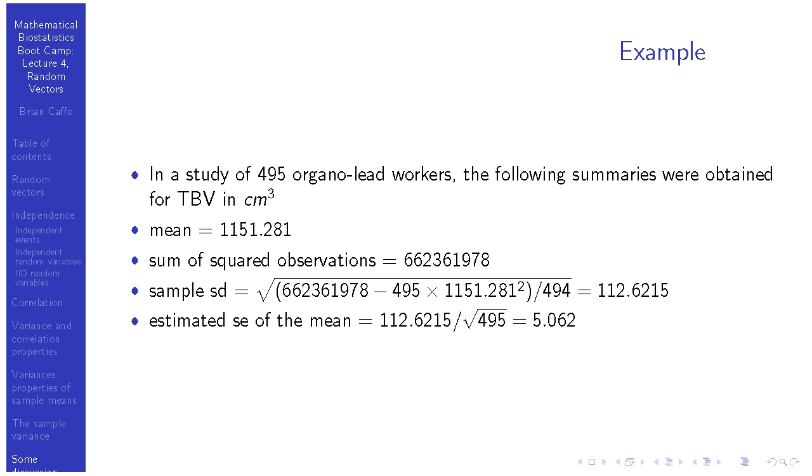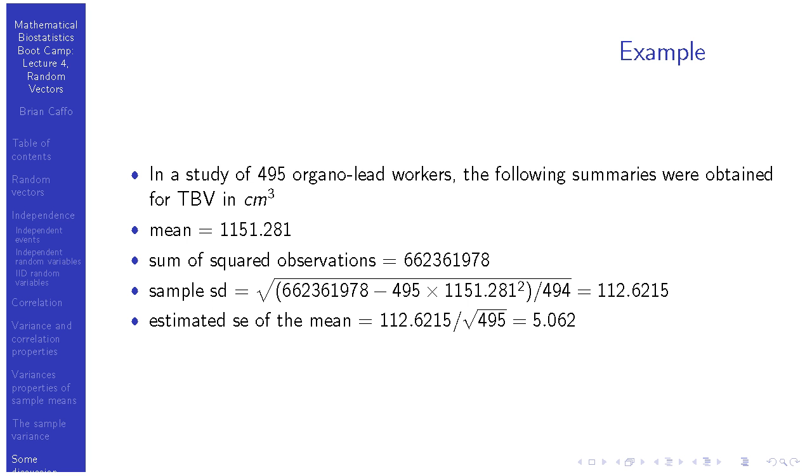There are several concepts being used here. First, we have our observed data, and the sample mean, sample standard deviation, and standard error tell us things about our observed data. Then there are assumptions, for example that the data are IID, that help connect it to a population so that we can generalize the results from this data to a population of organo-lead workers, say, if you wanted to use this data to inform policy.